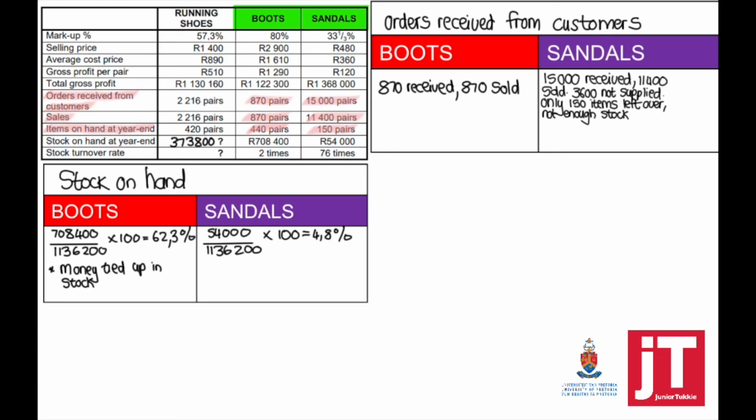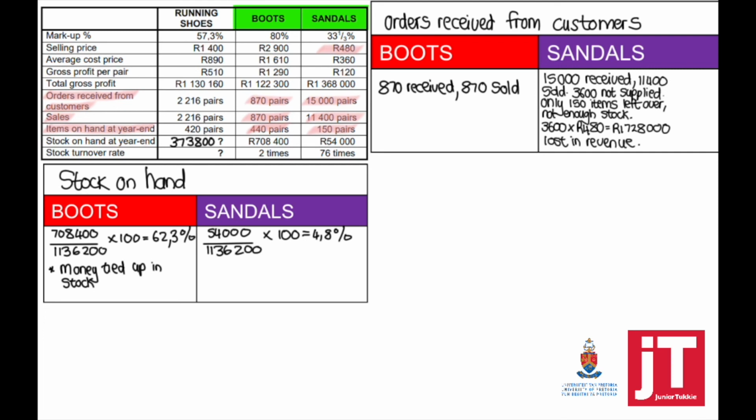There's a difference if you take 15,000 minus 11,400. There's a difference of 3,600. Now, if you look at that, how much that in revenue can cost you, 3,600 pairs, which is not given to customers, which customers have ordered, and we times that by the selling price, it means that equals 1,728,000 lost in revenue, which is a lot.